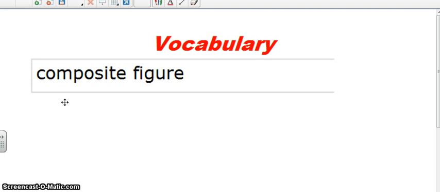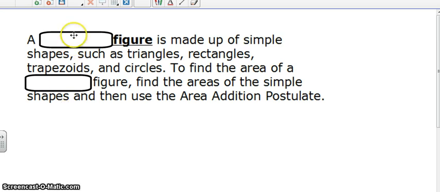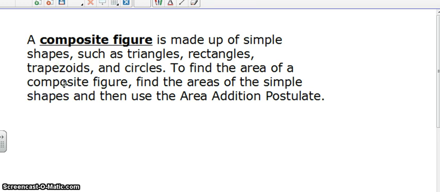Combination, right? A composite figure is made up of simple shapes, such as triangles, rectangles, trapezoids, and circles. To find the area of a composite figure, find the areas of the simple shapes, and then use the area addition postulate.